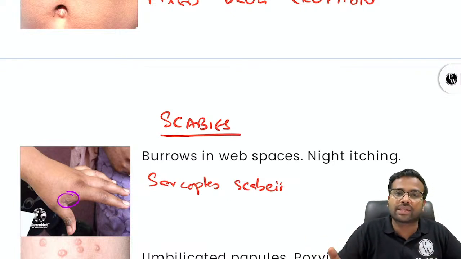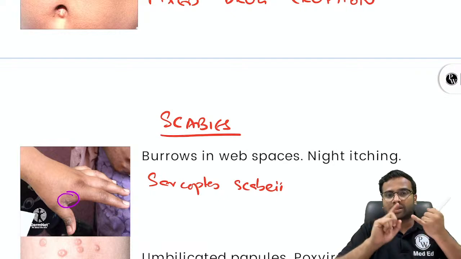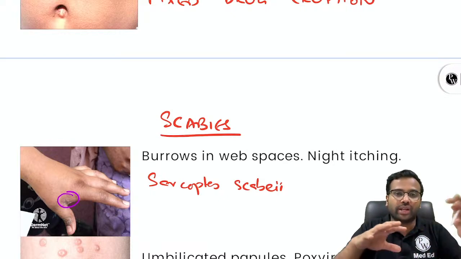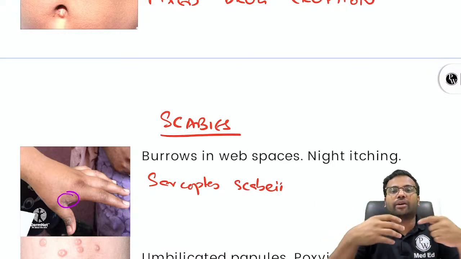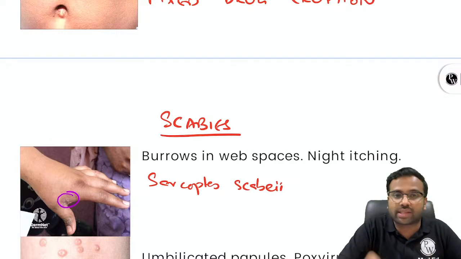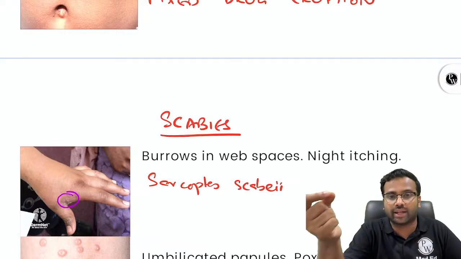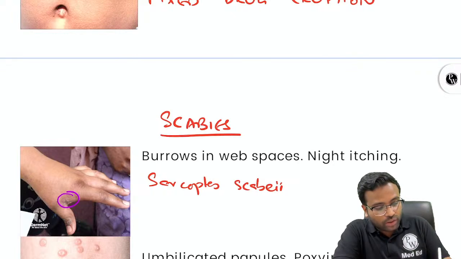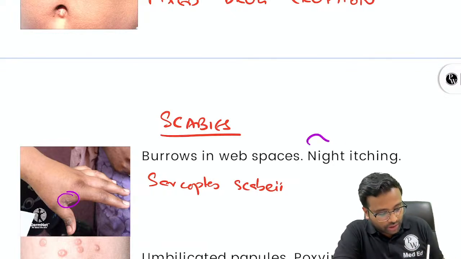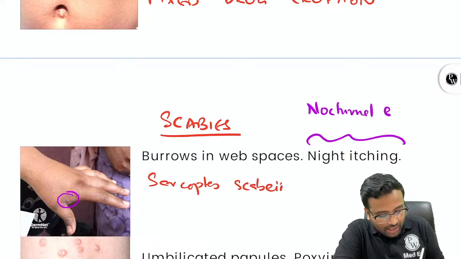Most of the times they will say that, I got this thing initially, but within a few weeks the entire close contacts are also having the same symptom, and the patients are unable to sleep during night. So this one, which we call night itching, is called nocturnal exacerbation.